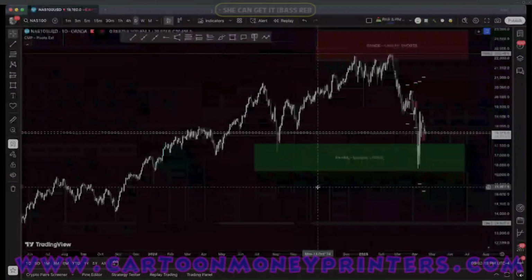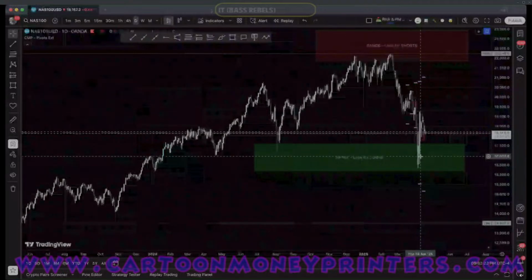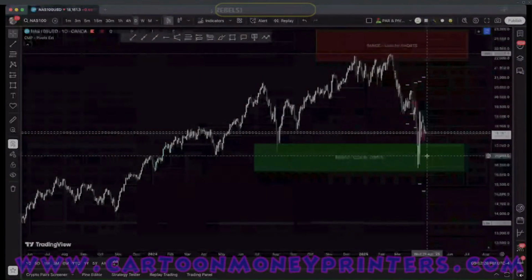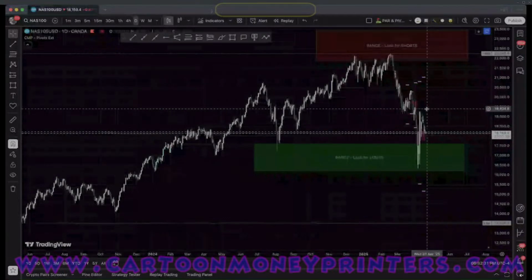If the market maker knows that they can, quote unquote, defend this level, then they are buying an absolute ton of something down here, and they are selling it. Who are they selling it to? How do they sell it?